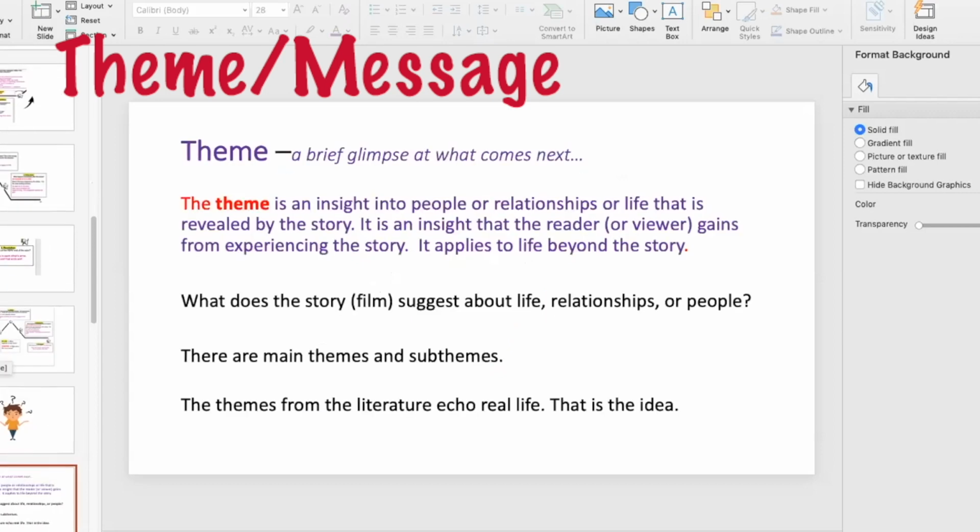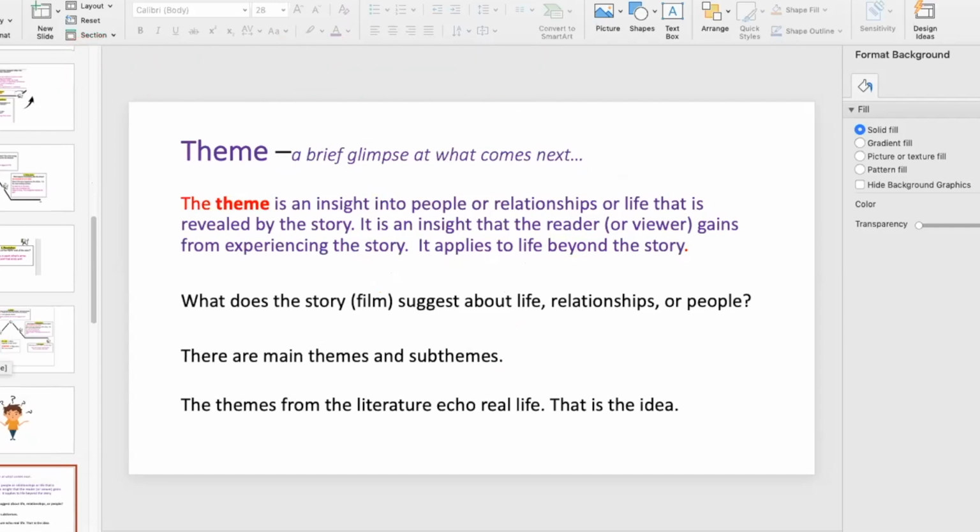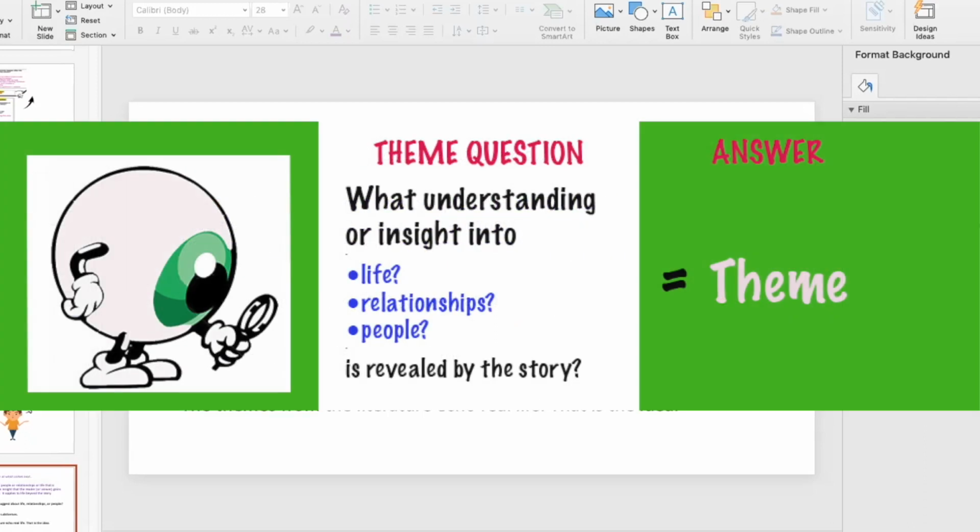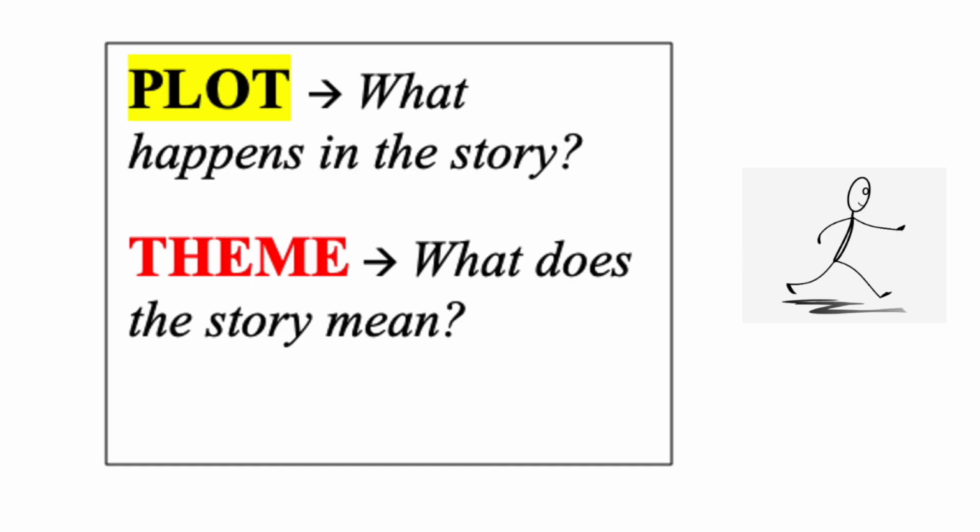That's theme. So theme is an insight into people or relationships or life that is revealed by a story. And what you want to say kind of is, oh, what lesson did you learn? But it's not a lesson. It's an understanding. But very briefly, as I mentioned, plot is what happened.